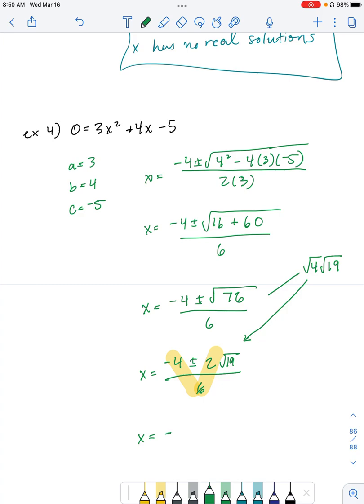So we get negative 2 on the top, plus or minus 1 root 19, and on the bottom, that becomes 3. Again, all we did here is divide each factor by 2. And that gave us a fully reduced, fully simplified answer, negative 2 plus or minus the square root of 19 divided by 3.